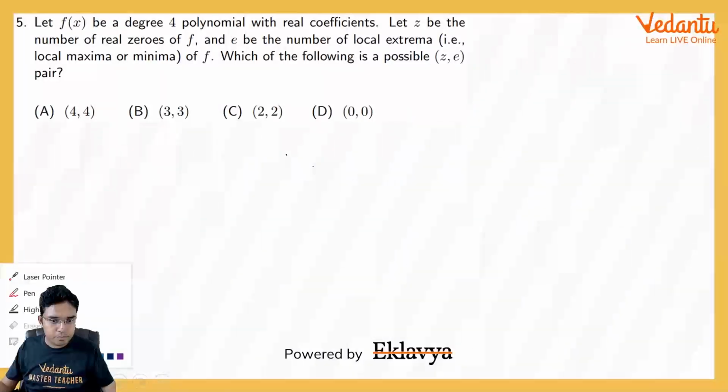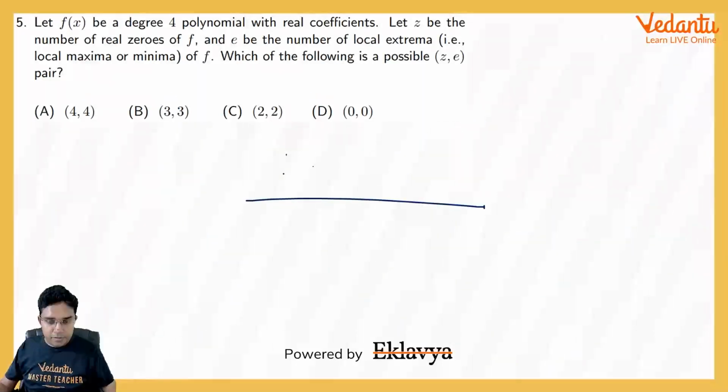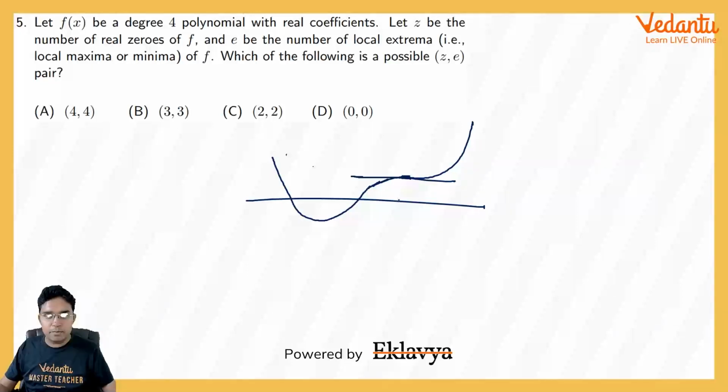So let me see if that's a possibility or not, that it goes like this, and goes like this. So this is a point of inflection, but if it's a point of inflection, this will not be a point of maxima or minima. So there will be just one point of maxima, minima here. So 2, 2 doesn't seem to be a possibility here.